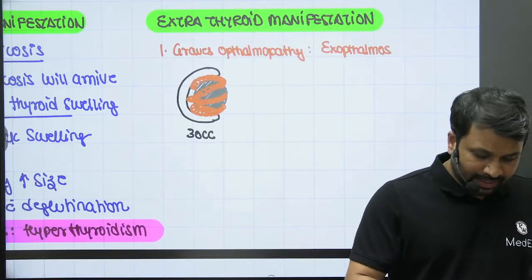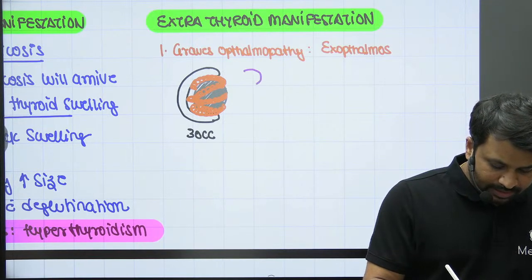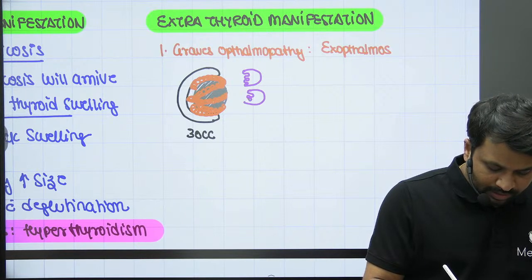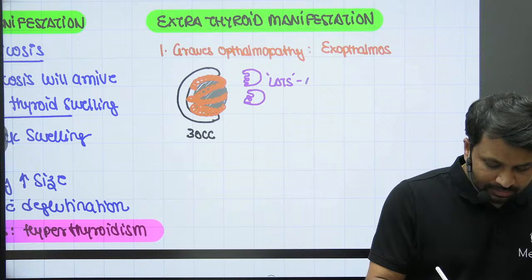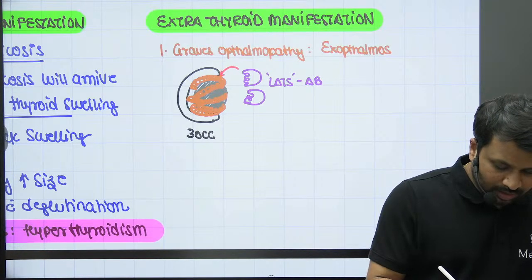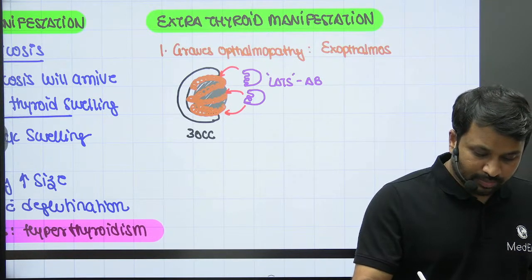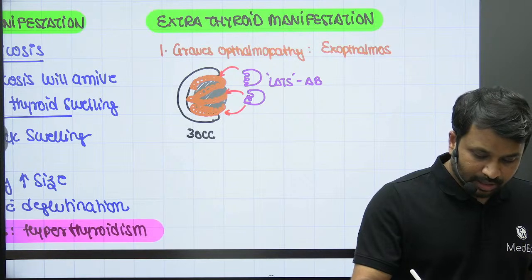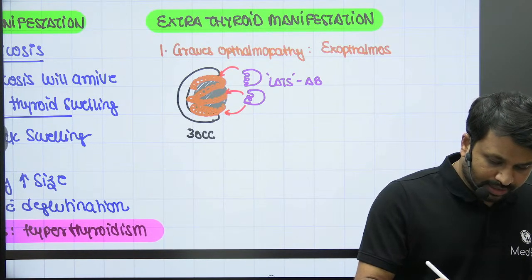Now these antibodies which are formed, the LATS antibodies, sometimes get misdirected, and they go and attack these ocular muscles. When they attack, they cause inflammation of the ocular muscles. Inflammation results in edema, and all this edema is going to settle behind the eye.